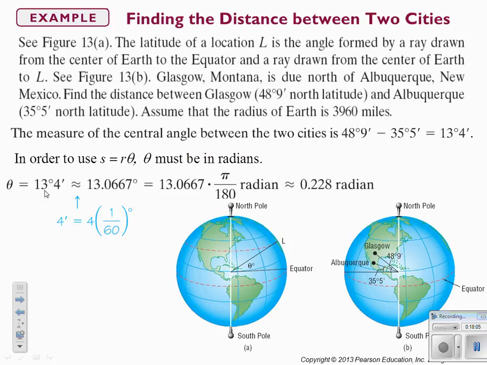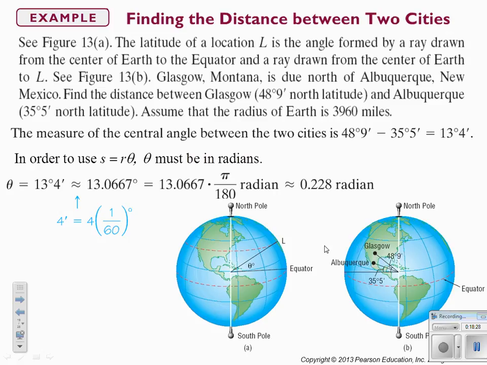So first thing we do is convert to a decimal. So this is 4 times 1 over 60, or 13.0667. Then we times it by pi over 180 to get our radians. So this is approximately 0.228 radians. So what we're trying to do is find the distance between Glasgow and Albuquerque.